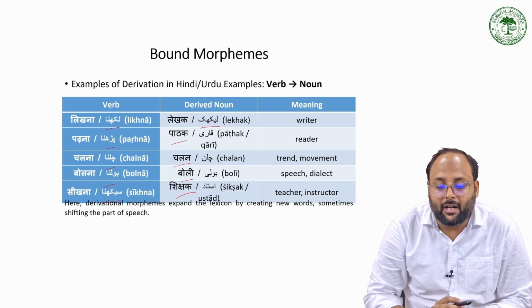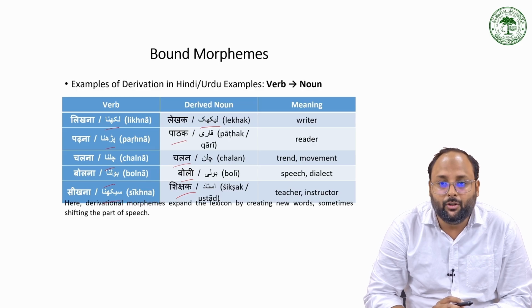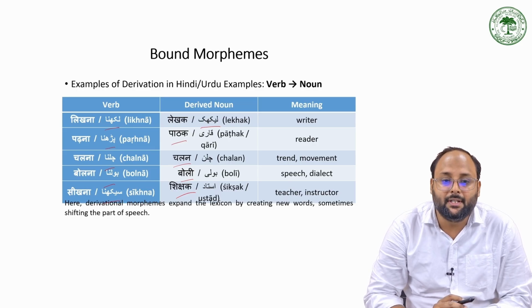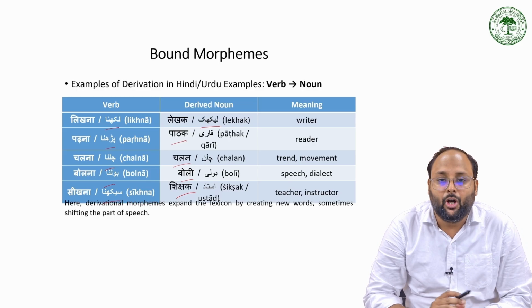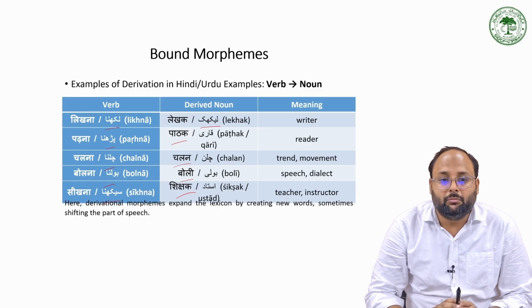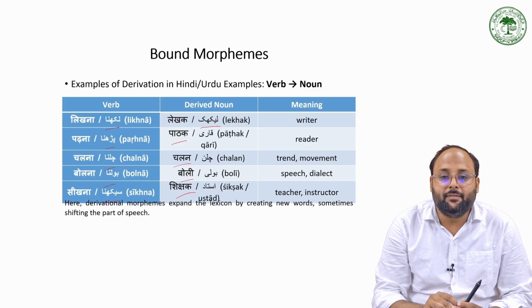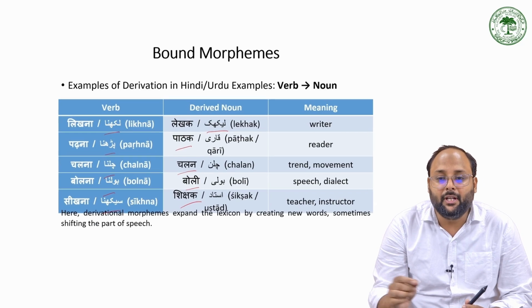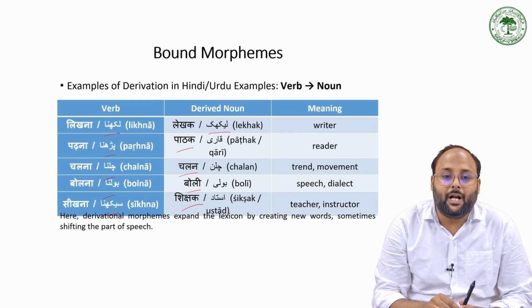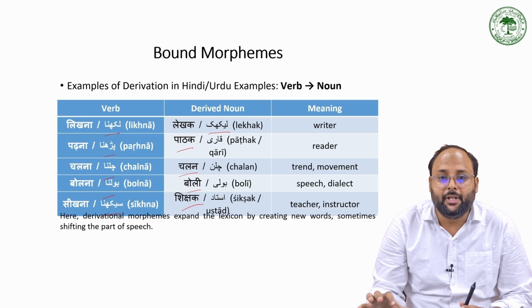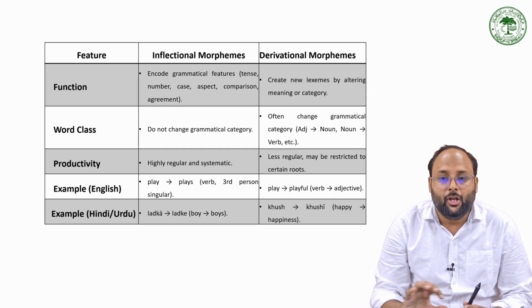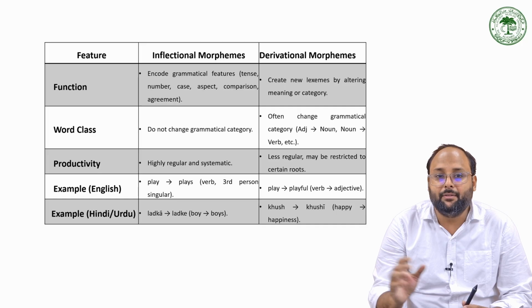So these are examples of derivational suffixes in Urdu or Hindi. Derivational suffixes just create new meaning or create new words or also change the parts of speech in a language. So here you can understand the whole chart of inflectional morphemes and derivational morphemes.